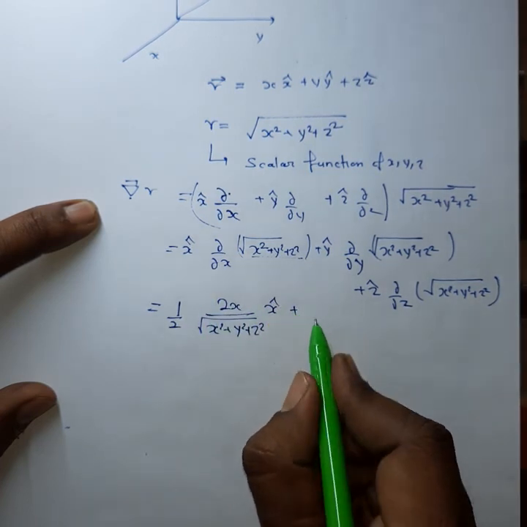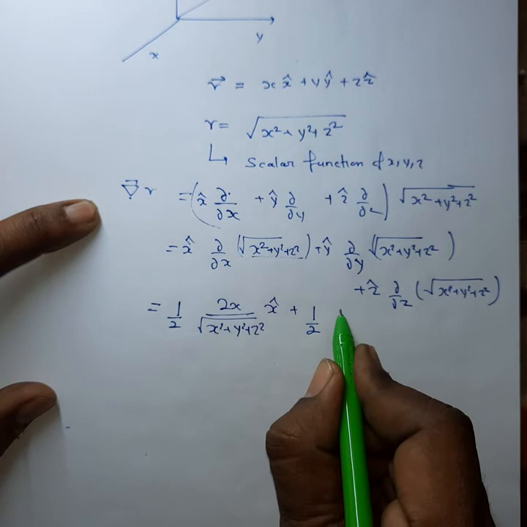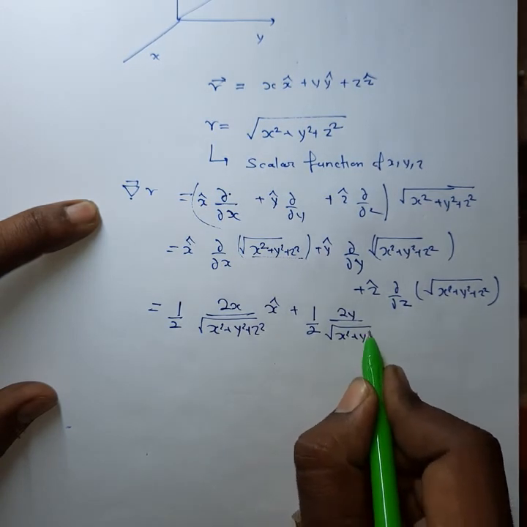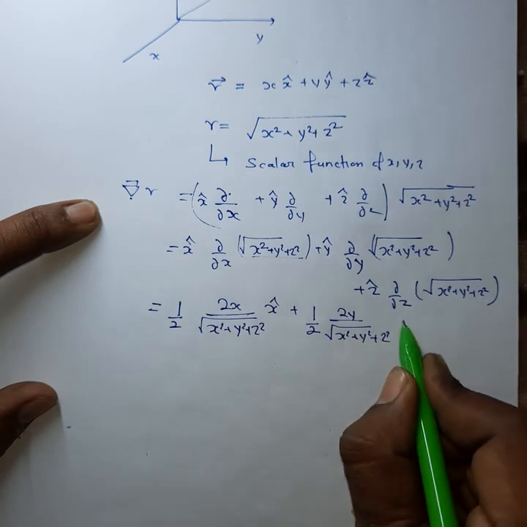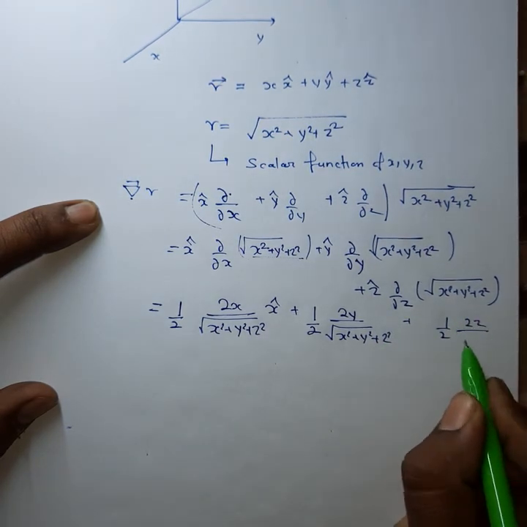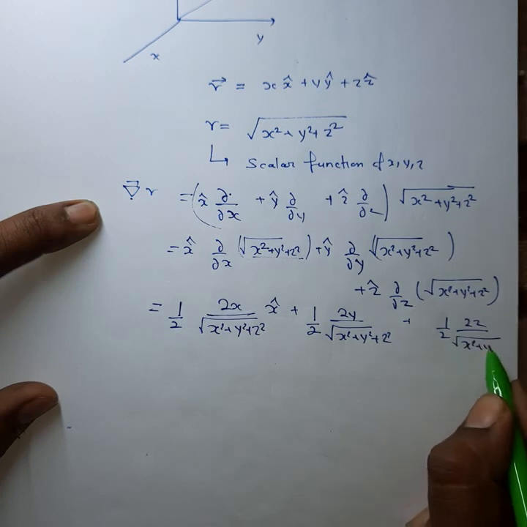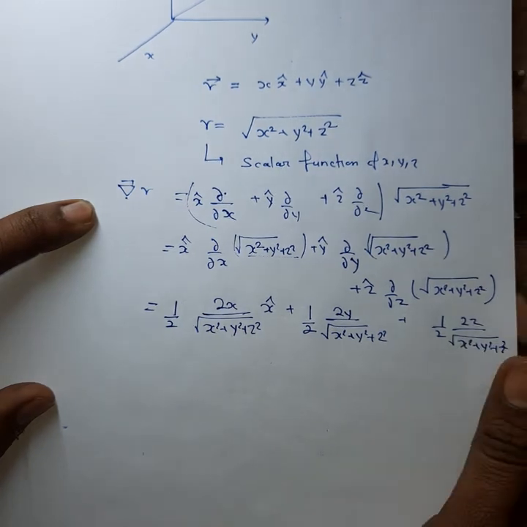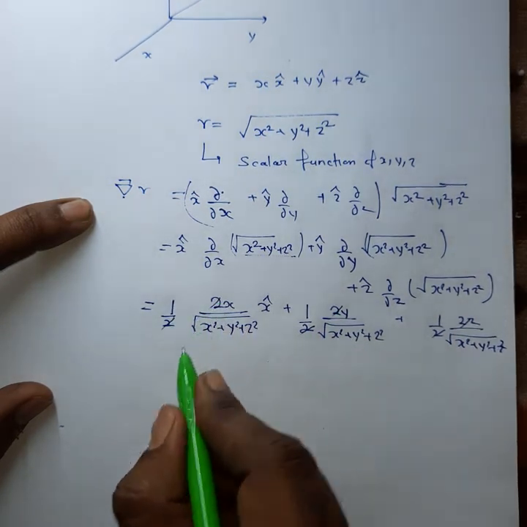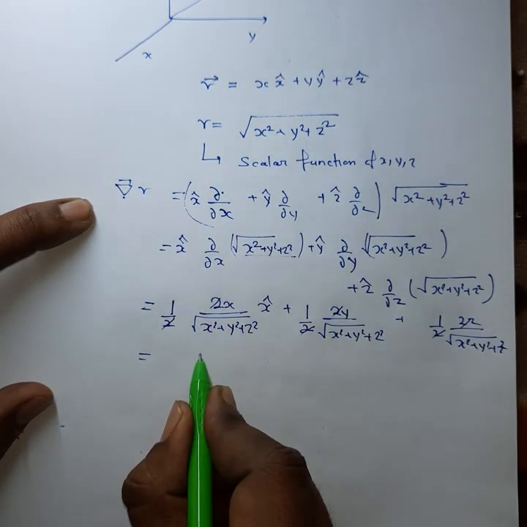Similarly, you can find the other term, which will be 1 by 2 multiplied by 2y divided by the square root of x square plus y square plus z square. Similarly, this term can be written as 1 by 2 times 2z over the square root of x square plus y square plus z square. Okay, let's cancel it.